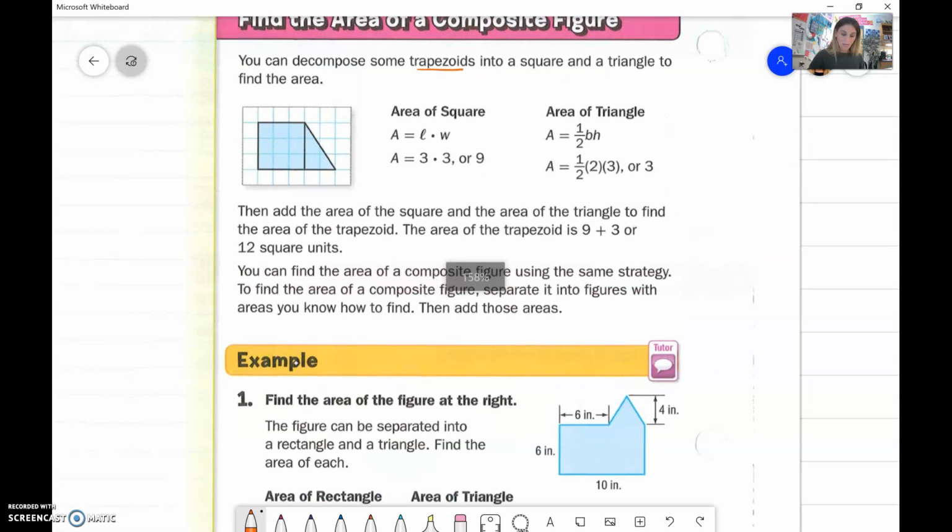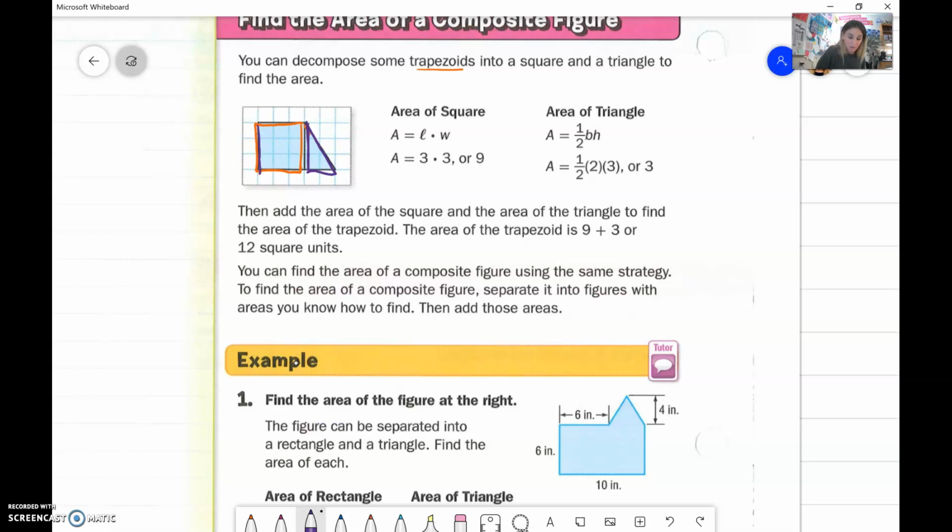There we go. Okay, you can see that this trapezoid right here, we can break it down into a square, and we can also break it down into, and I'm going to use a different color, a triangle, to figure out the area of this trapezoid, say if we didn't know what the area of a trapezoid was.